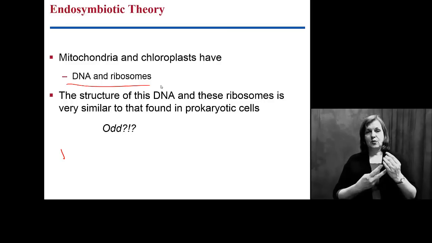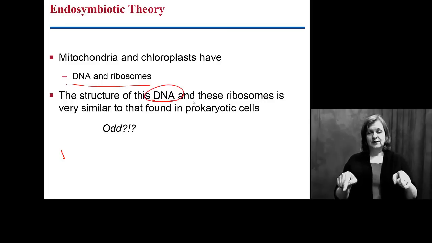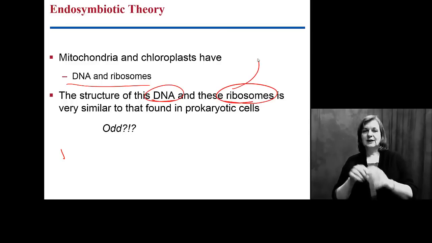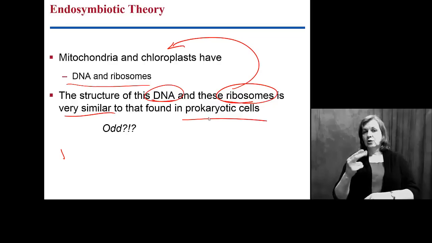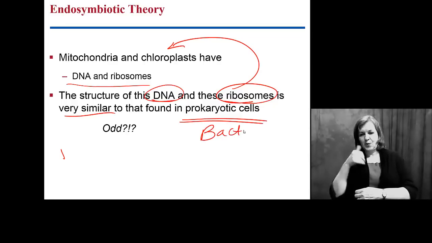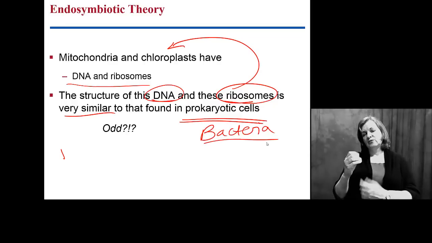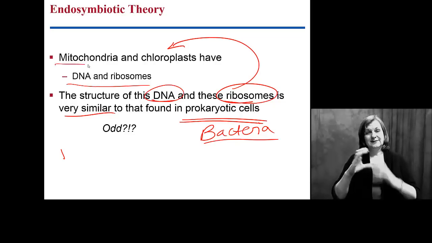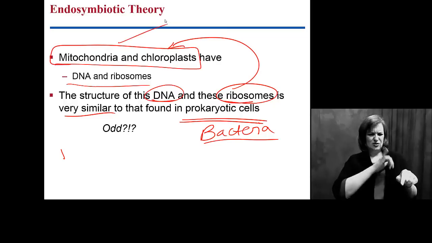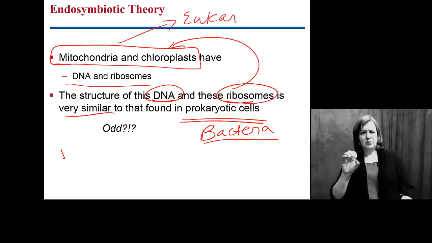And the idea is the structure of the DNA and the structure of the ribosomes found in the mitochondria and the chloroplasts are very similar to that found in bacteria. We do not see mitochondria and chloroplasts in bacteria. They don't have them. The only place we find mitochondria and chloroplasts are in eukaryotic cells.